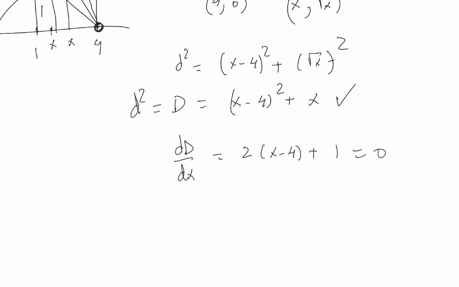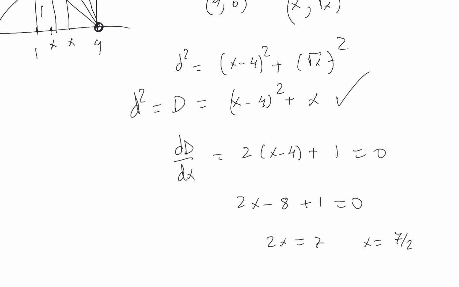This is the derivative of this function. So 2 times x minus 8 plus 1 equals 0. It says that 2 times x equals 8 minus 1, 7. So x equals 7 divided by 2 is the point.